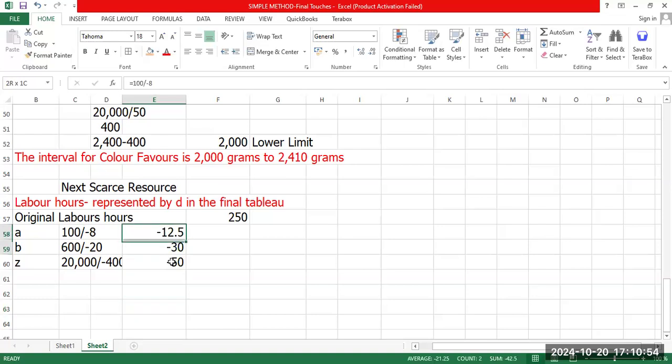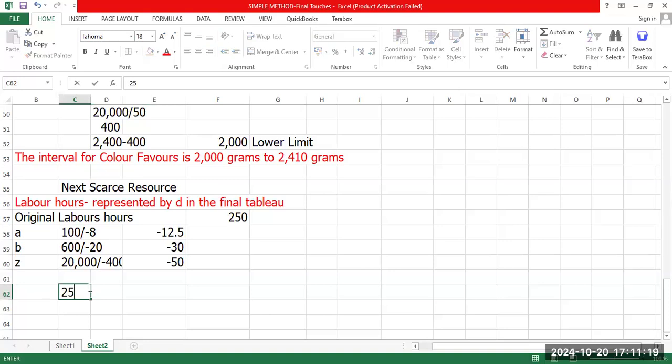So the question is, among all these values, which one is the highest? It is negative 12.5. So negative 12.5 is the highest, which will help you to get the upper limit.